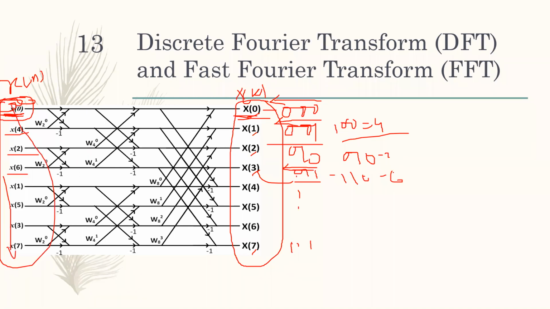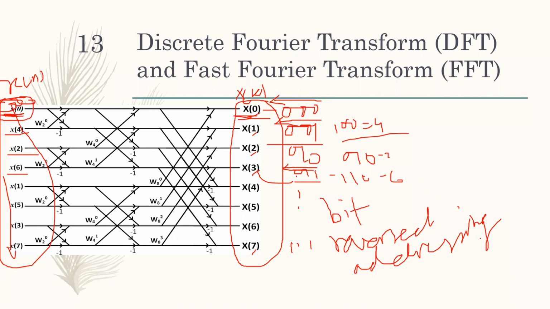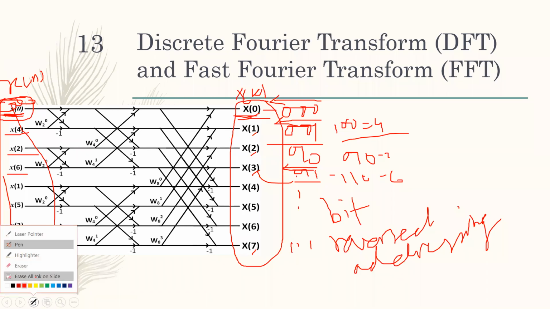So this is termed bit reversed addressing. This is one of the special features of FFT.